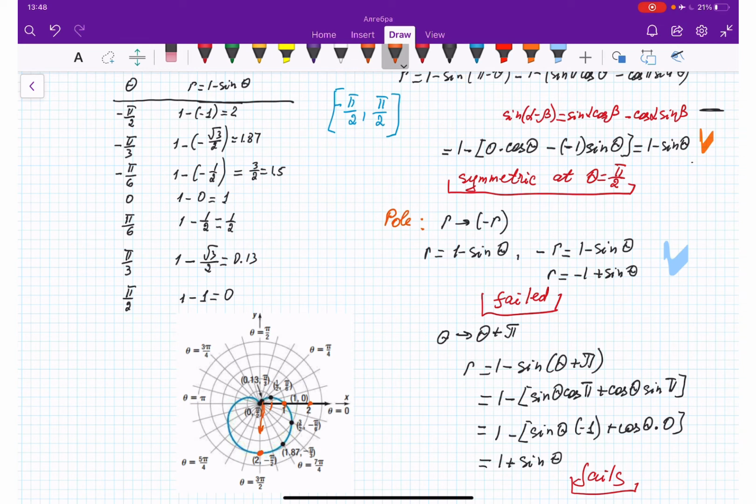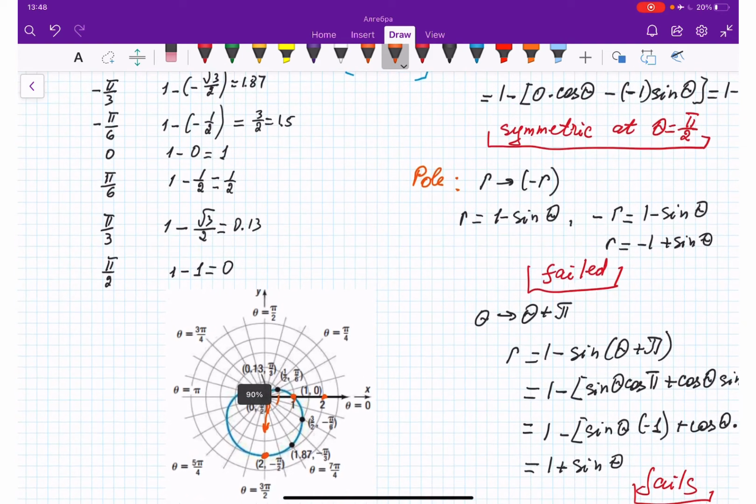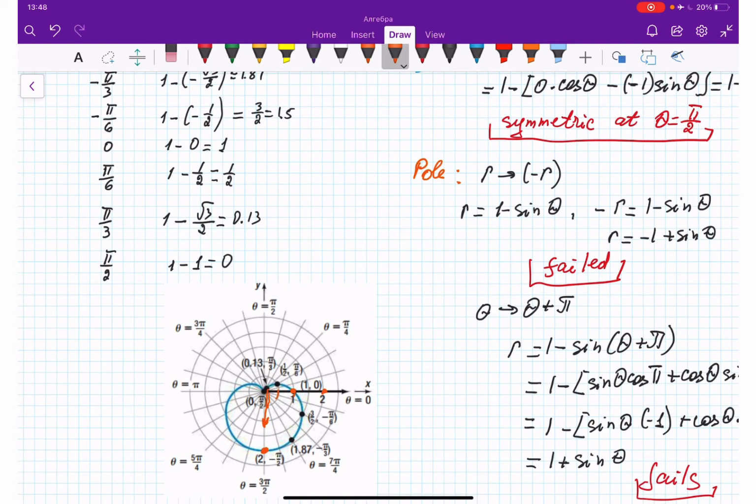Next, pi over 3, negative pi over 3, it gets 1.87. If I zoom here, there we go. This is the point. It's going to be negative pi over 3.